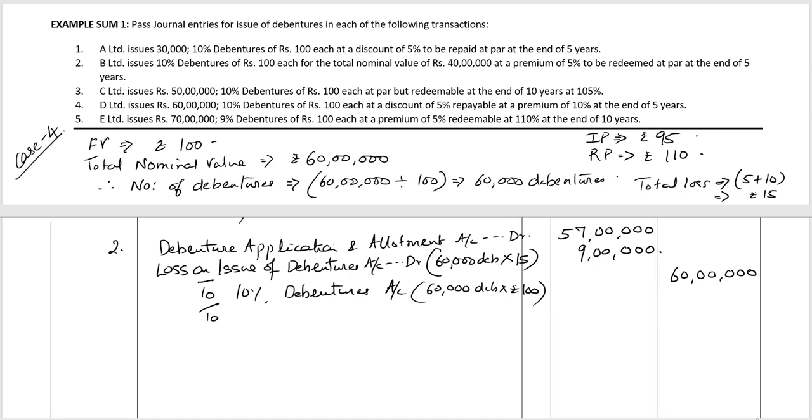To premium on redemption of debentures account, the amount 60,000 debentures multiplied by the premium of rupees 10 per debenture comes up to 6 lakh rupees.